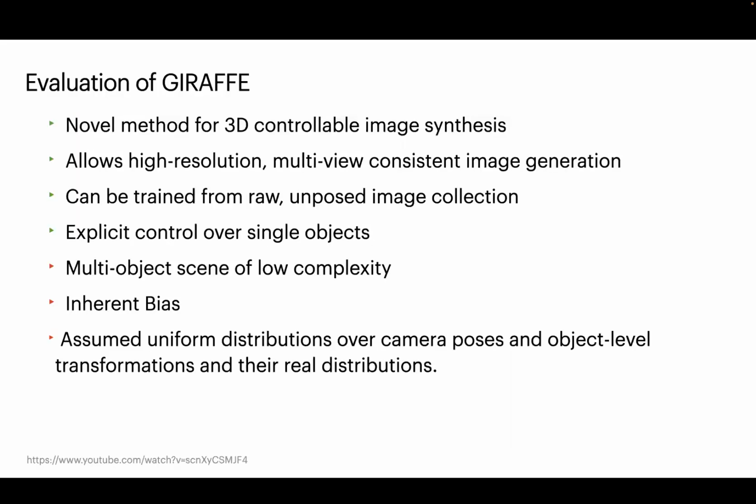They don't really go into details about the camera poses in their samples, or check whether that distribution is really true. They assume a uniform distribution of the latent code to generate them, and that may be one of the problems.